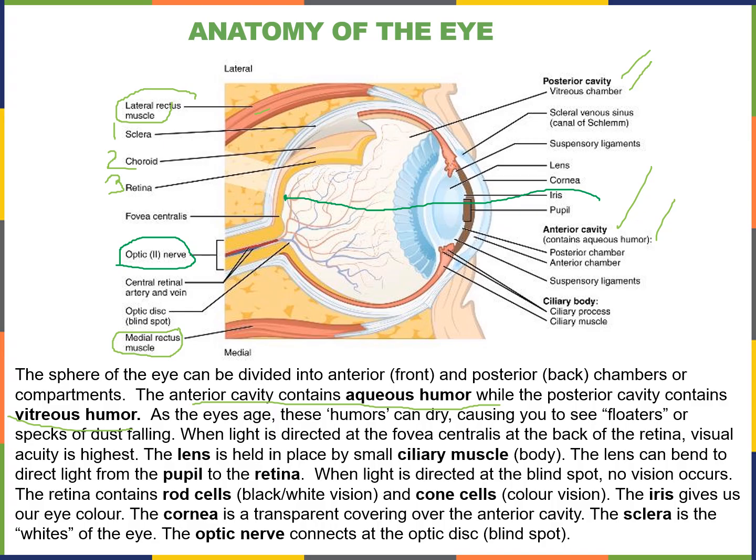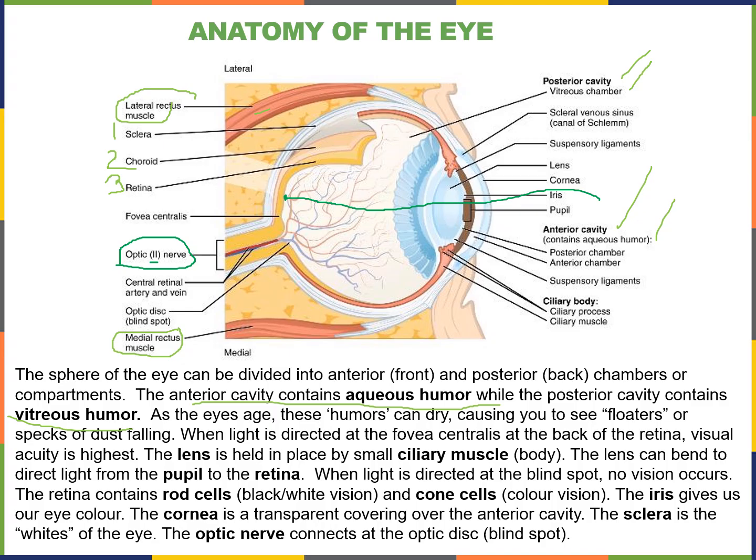If you're wondering what the Roman numeral 2 is doing there, all of these nerves, if you see a Roman numeral within the name, it's because they're referred to as cranial nerves. And all the cranial nerves, there are 12 pairs of cranial nerves, all of them are usually numbered with a Roman numeral. So this would be cranial nerve number 2, or the other name is the optic nerve.